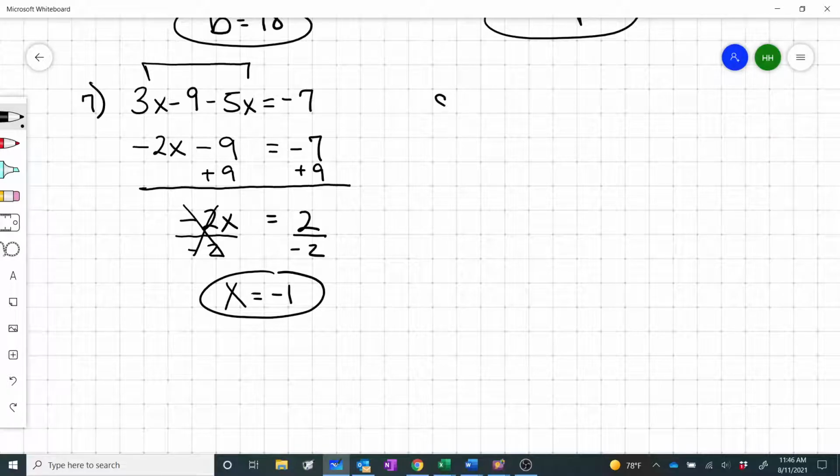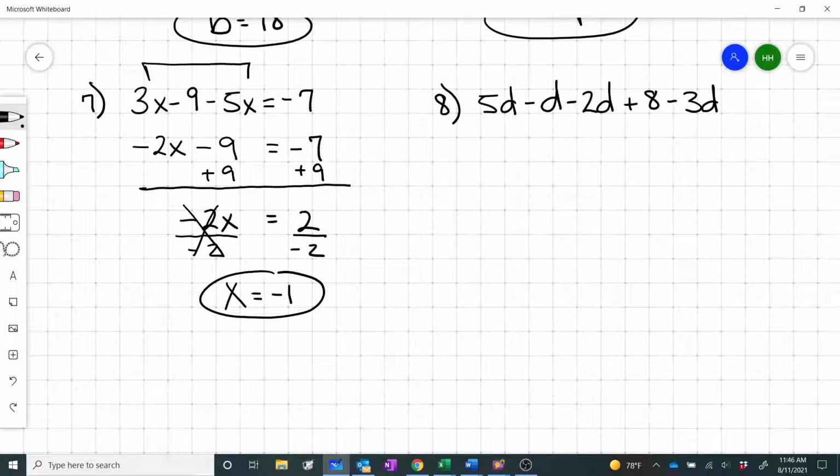And number 8. That was 5D minus D minus 2D plus 8 minus 3D. And it's all equal to 0.